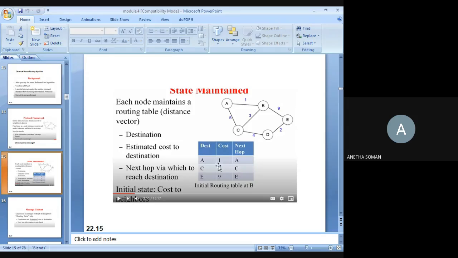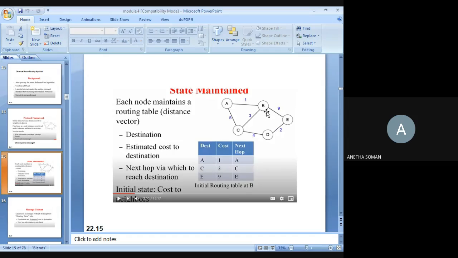Right? Now, what is the cost of reaching from B to A? It is specified that the cost is equal to 1. Now, the next hop is A itself. Since it is directly reachable, the next hop remains the same. So you are having A itself there.